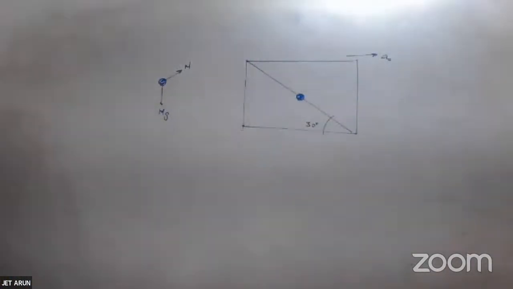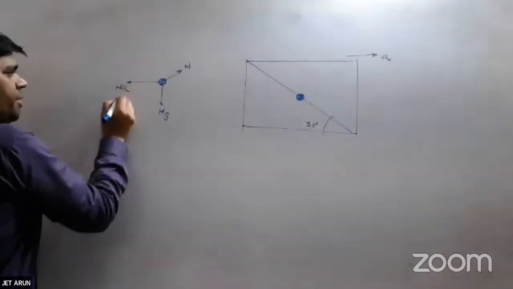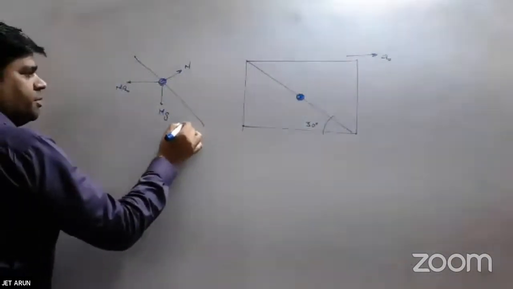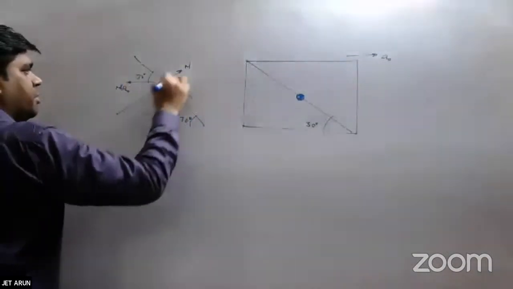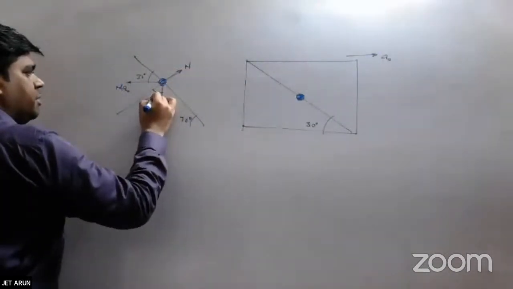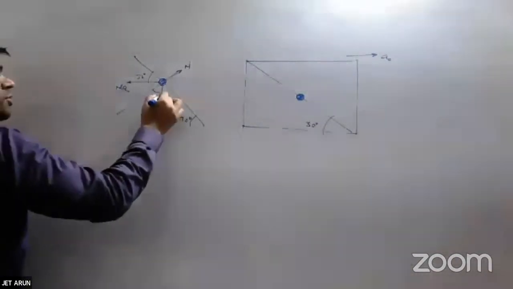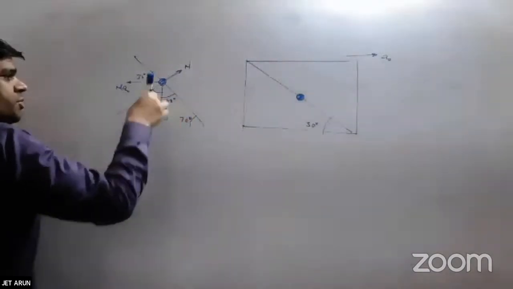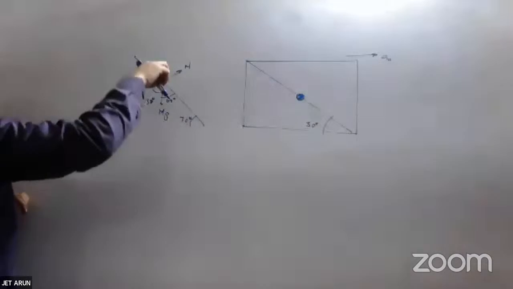Yes, pseudo force is towards left, m a0. This angle is 30 degrees, this is 30, this is 30, so this is 60. So mg sin 30 or mg cos 60 minus m a0.